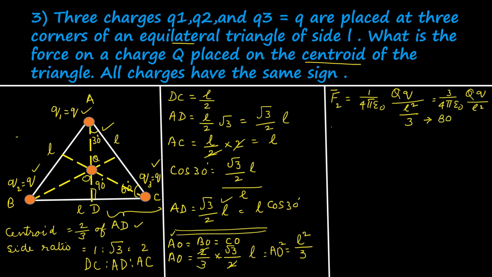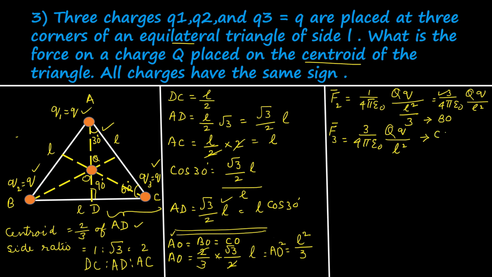F3, the force due to Q3 on capital Q is equal to 3 by 4 pi epsilon naught capital Q small q divided by L square along CO.